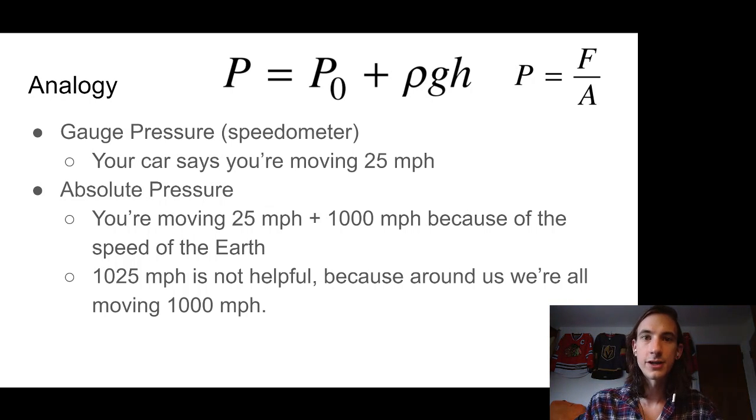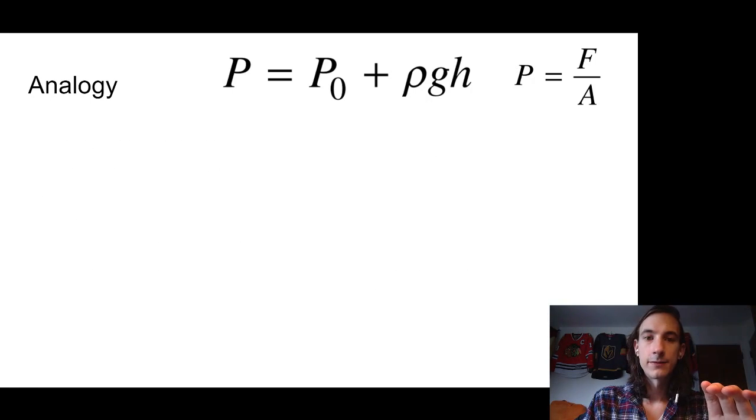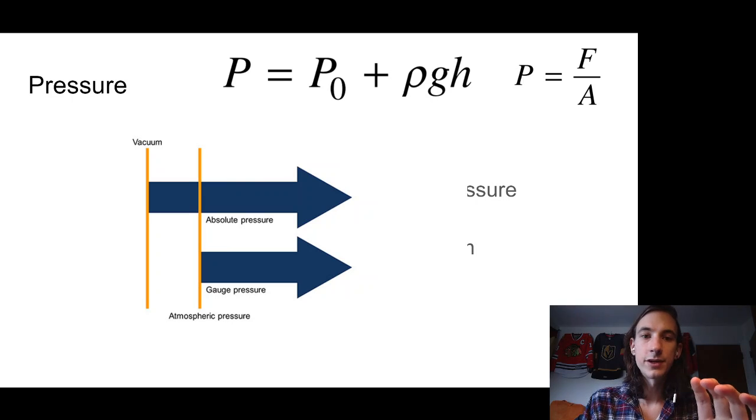So the gauge pressure just gives us a more readable number. Instead of saying, oh, you have absolute pressure, let's go back to this picture. Instead of saying you have absolute pressure plus some added pressure from whatever we're doing, the gauge pressure just tells us how much pressure do you have? And we know there's atmospheric pressure all around us, but let's not worry about it.